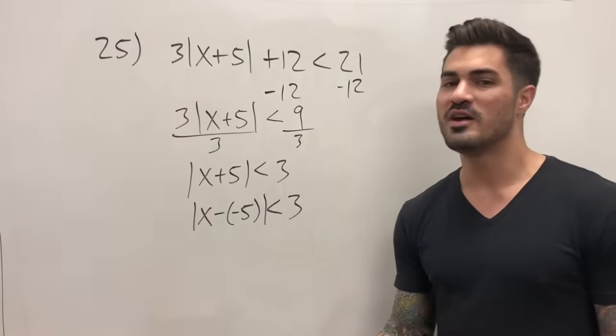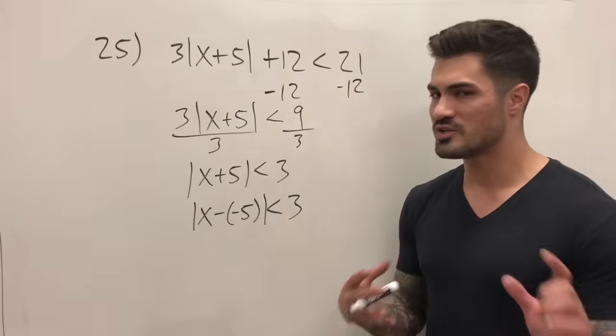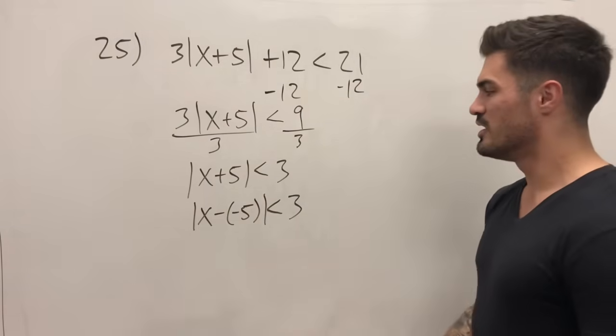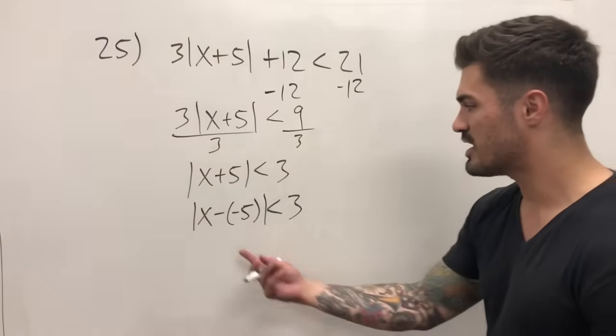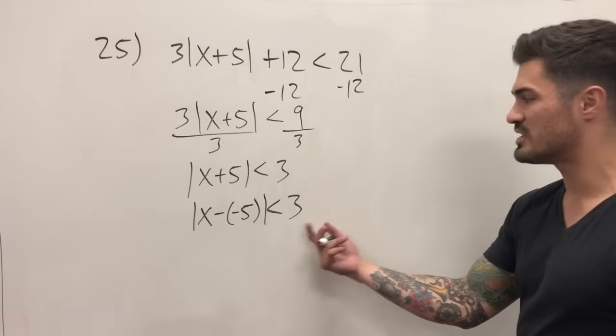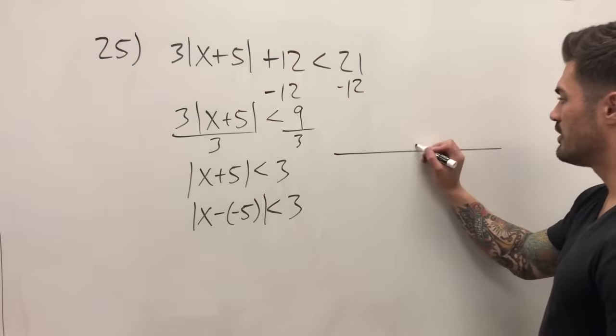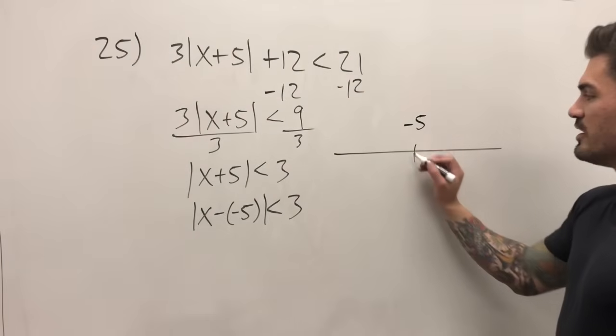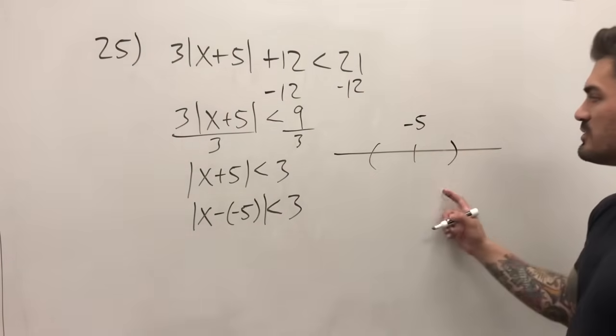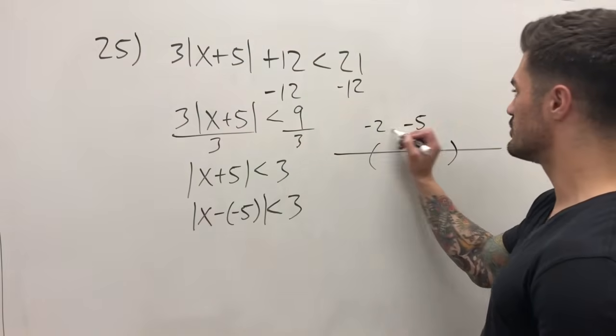For greater than, I will have a union of two intervals. So just as long as you remember that, either method is fine. So since the distance between x and negative 5 is less than 3, I have negative 5, a distance of 3 this way and a 3 this way, and that interval is my solution.